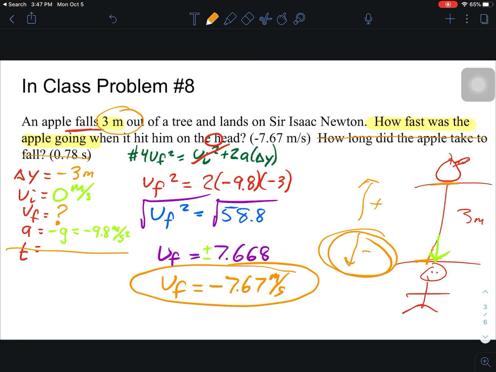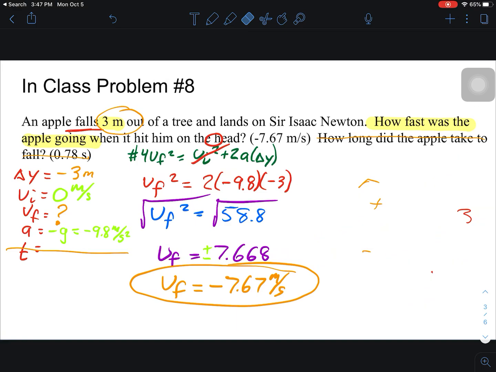Now, again, I talked about this in the last in-class video. The best choice of solving a two-part problem is to go through and say, well, now we want to find out this.